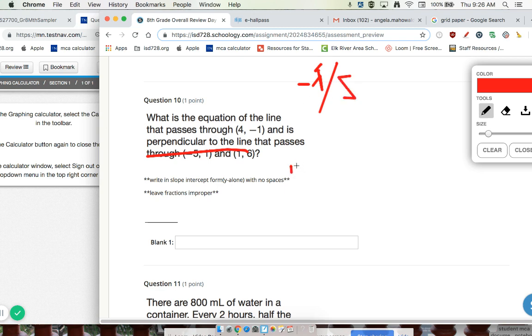So y, take away the y they gave me, -1, equals my slope, and I'm going to be careful here, negative 6/5, parentheses, x, take away the x they gave me, which was 4.